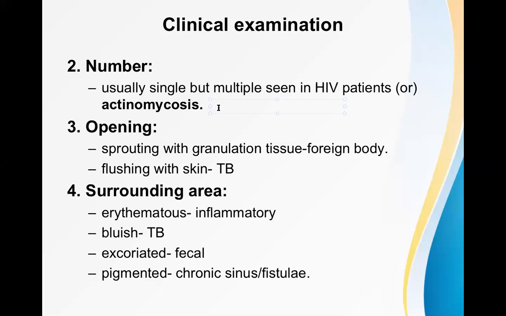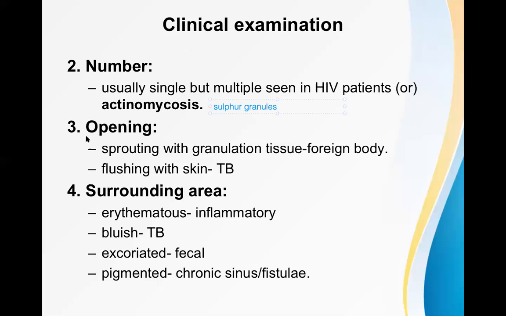So never forget this: sulfur granules. This is an important MCQ question for you in the exam. This actinomycosis can result in different sinuses or formation of fistula. Sinuses are more common than fistula here, and the discharge is called sulfur granules.